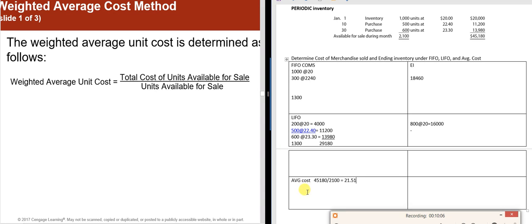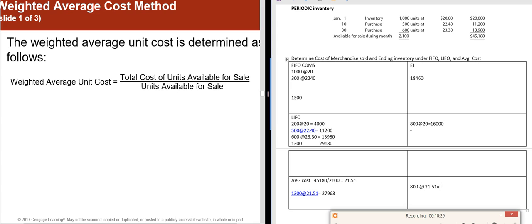And so for my cost of merchandise sold, that's on this one. I sold 1,300 at 21.51. And so that equals 27,963. And on all these ones, I have 800 left in ending inventory at 21.51.